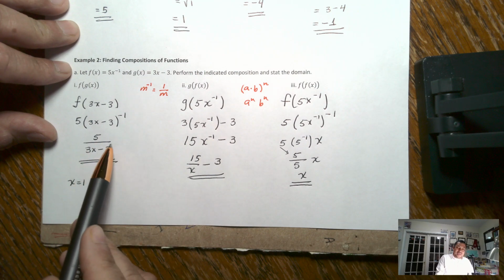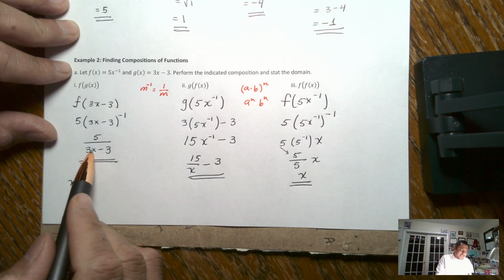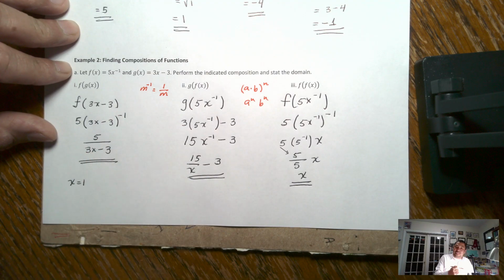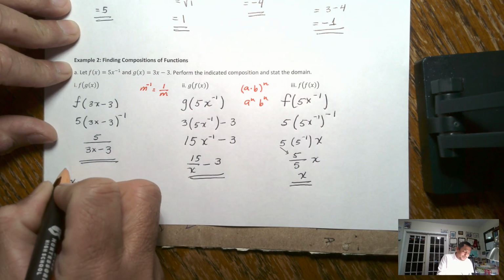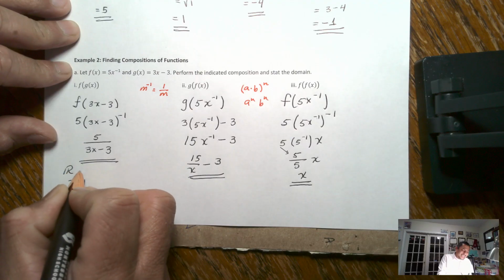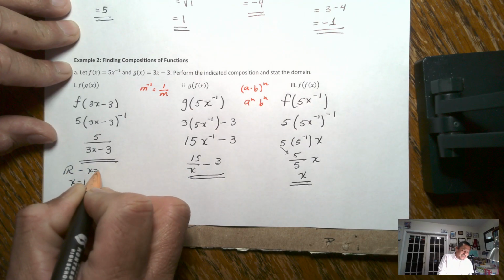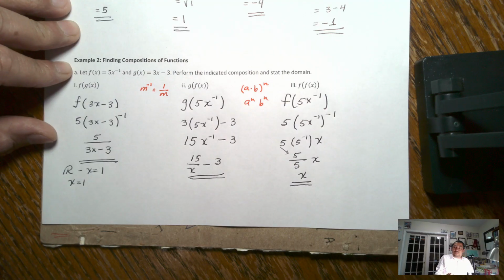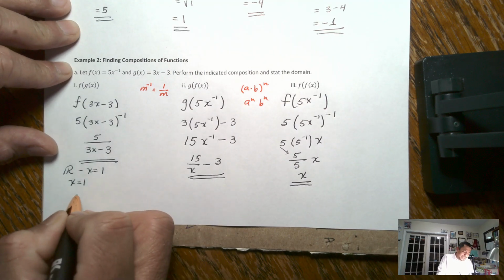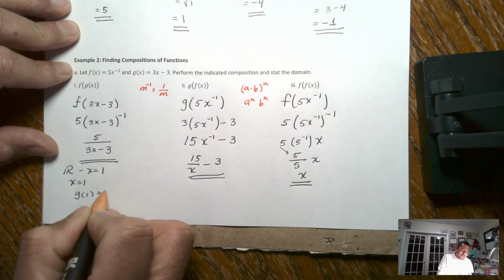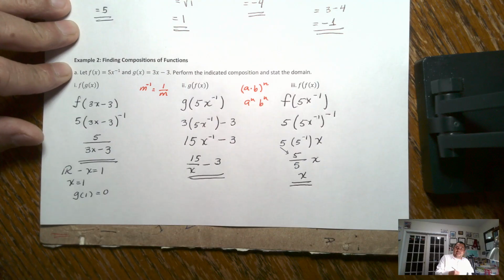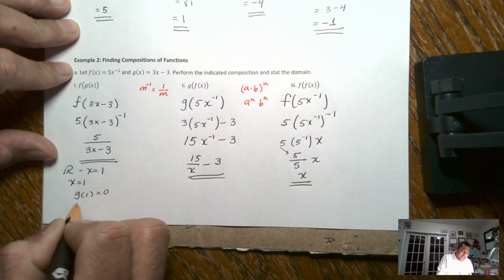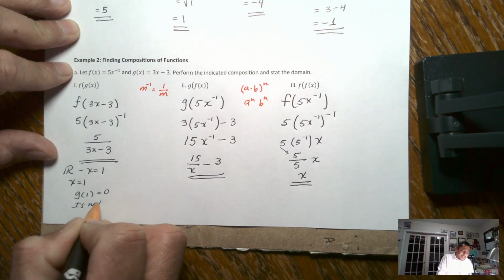And this will make my denominator 0. So in this case, my domain is all real numbers, except x equal to 1, because g of 1 is equal to 0, and this 0 is not in the domain of f.